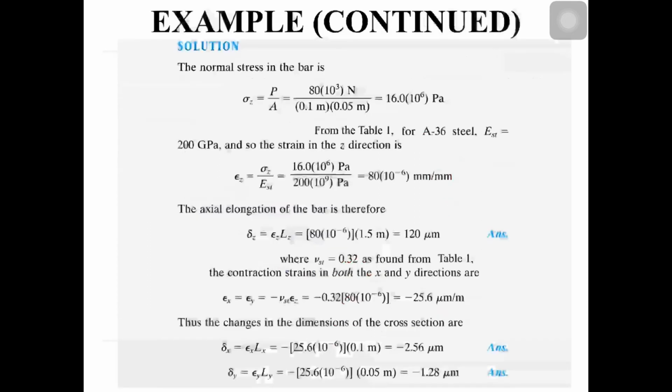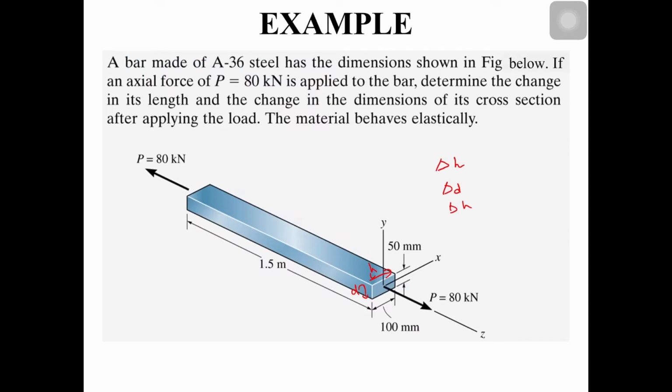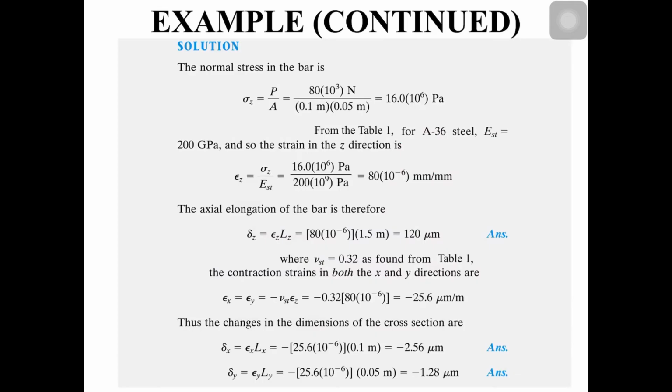Okay, so the normal stress in the bar, we have sigma equals force over A. We have 80 kilonewton over area, which is 0.1 times 0.05.